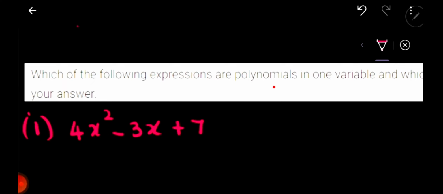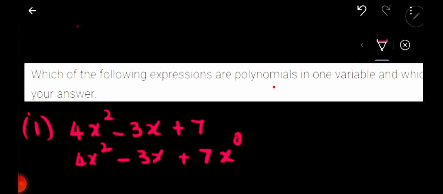The last term has no variable, so we can write x to the power 0. Now, except x, is there any other variable in this expression? No, x is the only variable in this expression.